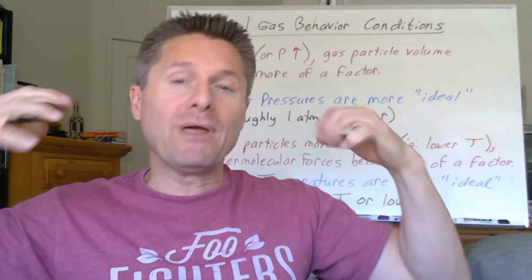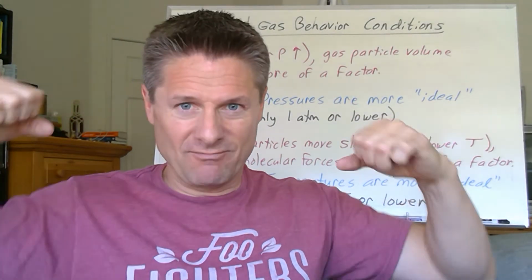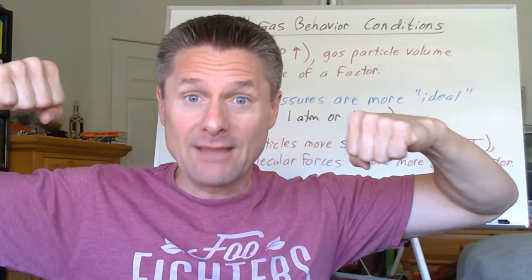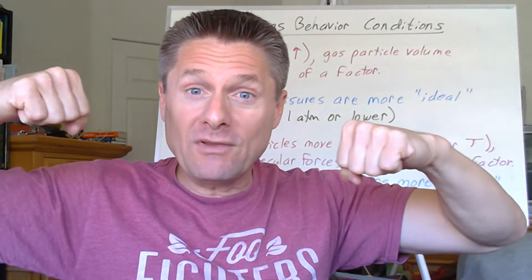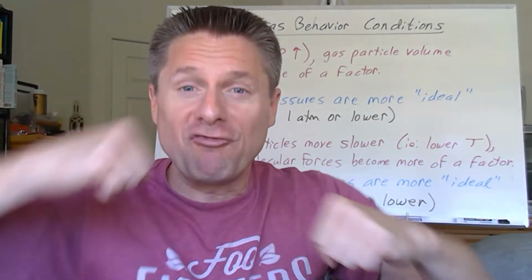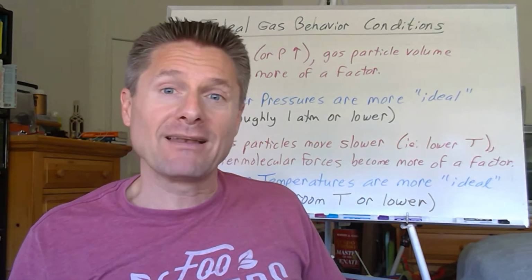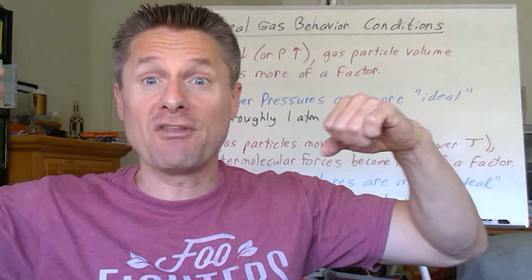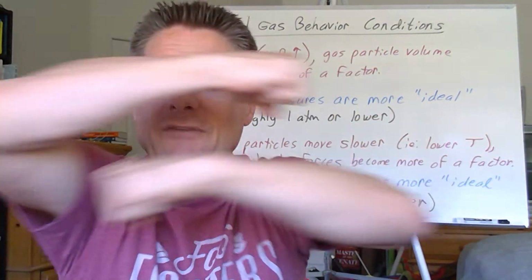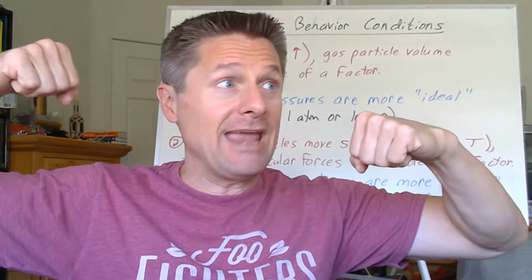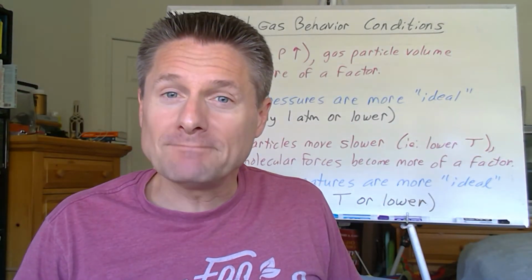But it depends on their kinetic energy. If they're moving really fast, they may notice each other, but they're moving too fast for those intermolecular forces to lock into place or have an impact. So the higher the temperature, the faster they're moving, the less relevant the intermolecular forces are. They're like, hey, noticed you, bye-bye.